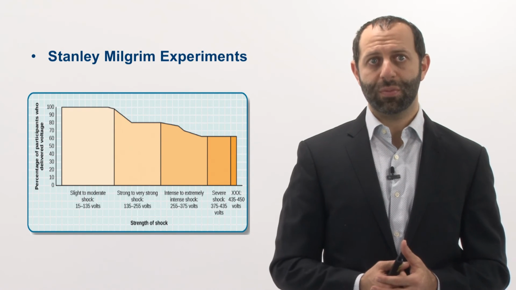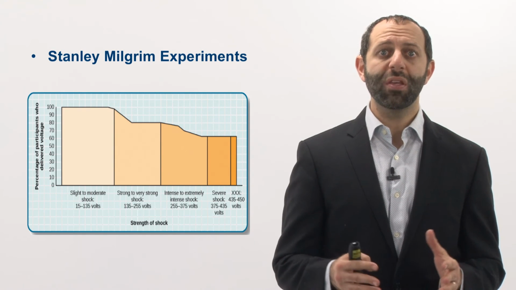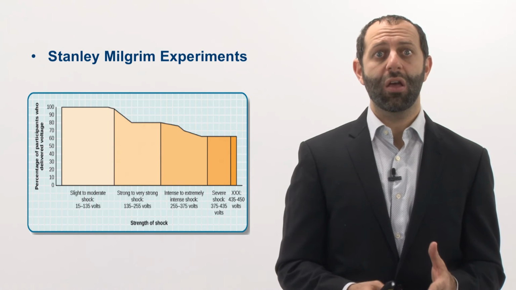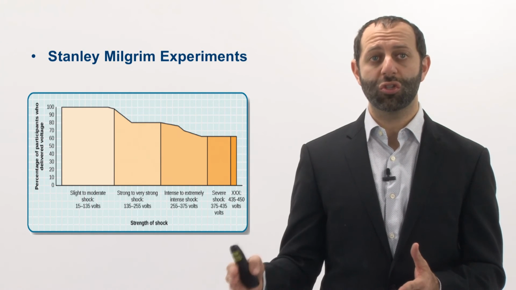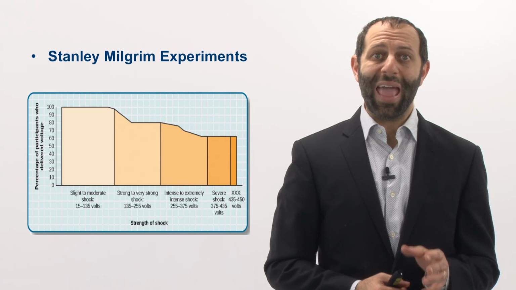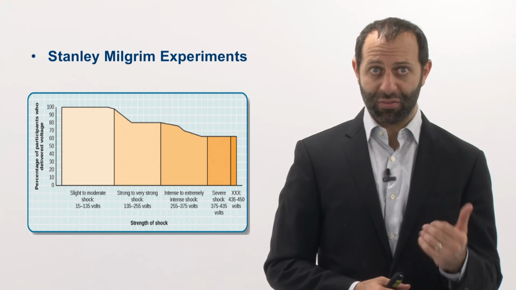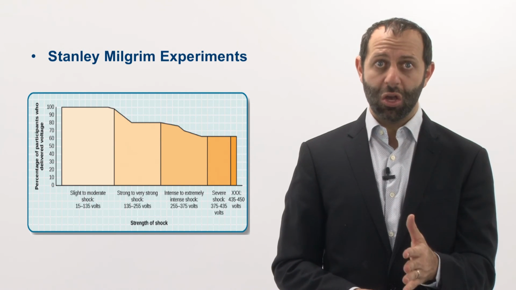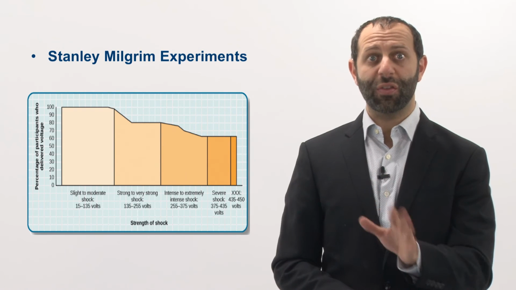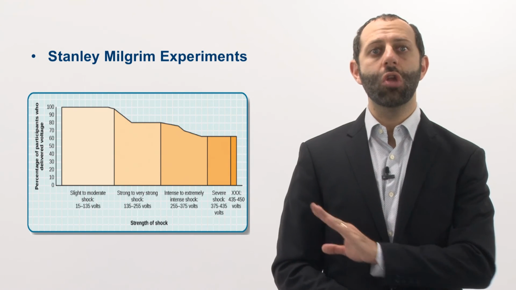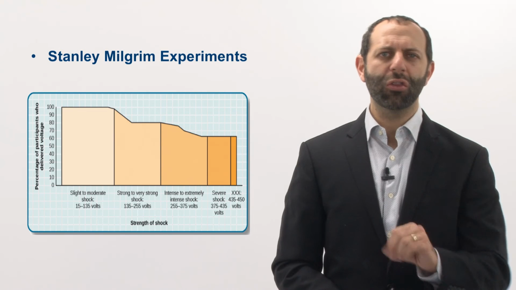Out of all of the participants, you would be surprised to learn how many administered the full 450 volts. When asked by a group of psychiatrists at the time how many people they thought would go all the way up to 450 volts, they said nobody, or at most, under 5% of people.